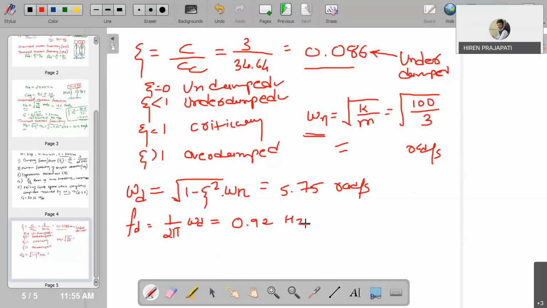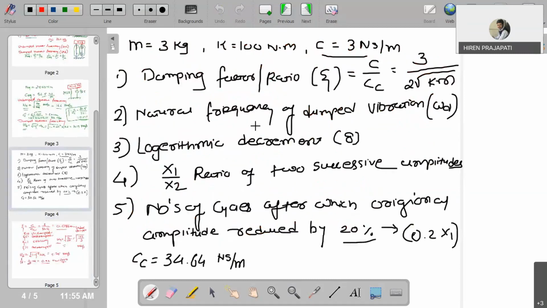Are you getting 0.92 hertz? The meaning of hertz is cycles per second. It means not even one cycle is completed in one second. Okay. So we got the second answer as well, natural frequency of damped vibration.